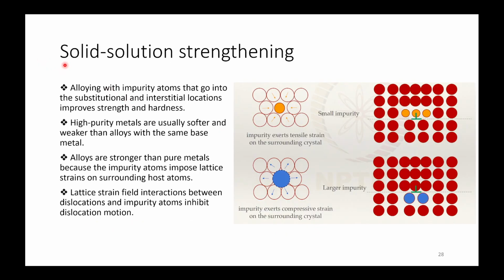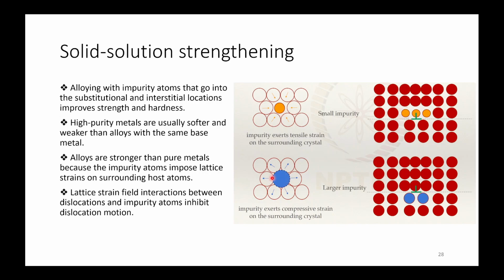Second is solid solution strengthening. In this case, you will be adding some other element atoms, and depending on the size, you can get either a substitutional type of solid solution or an interstitial solid solution. In the case of substitutional, your atom can be smaller than the host atoms. In this case, you'll have compressive types of stresses.